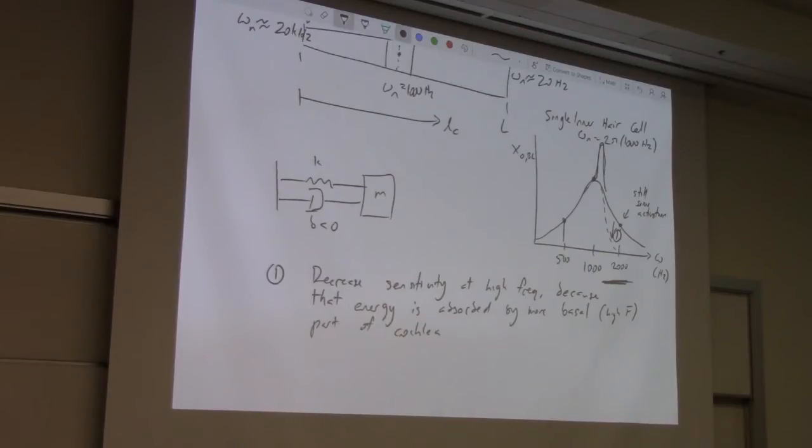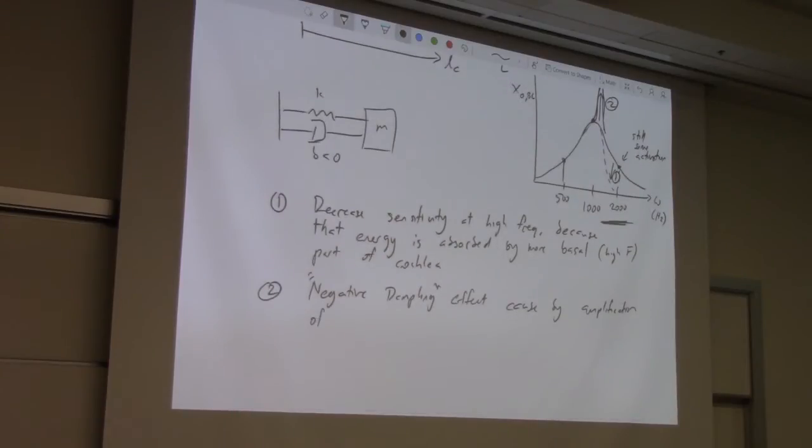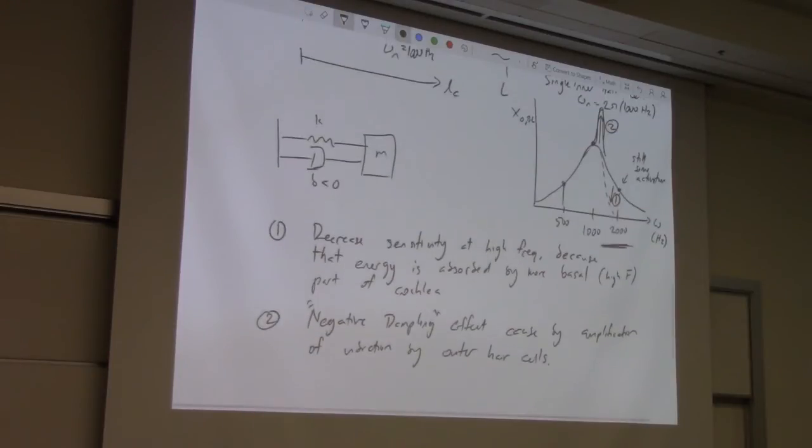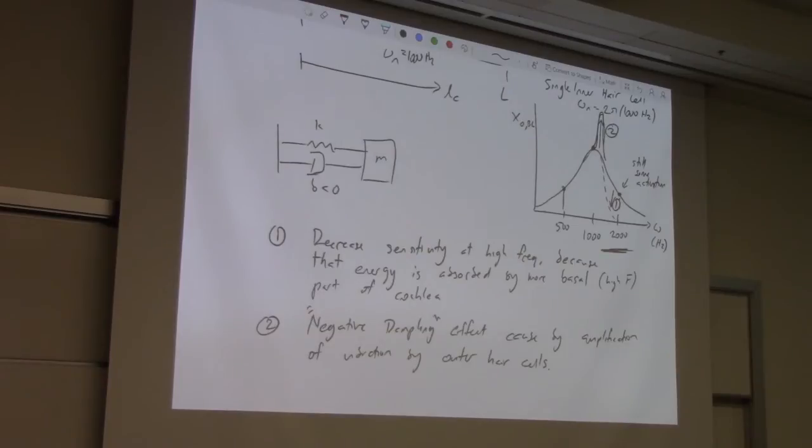The second effect is this huge increase right here, and that's a negative damping effect. And that's caused by amplification of the vibration by the outer hair cells. What's going to happen later is that, this is the hair cell responsible for 1,000 hertz.